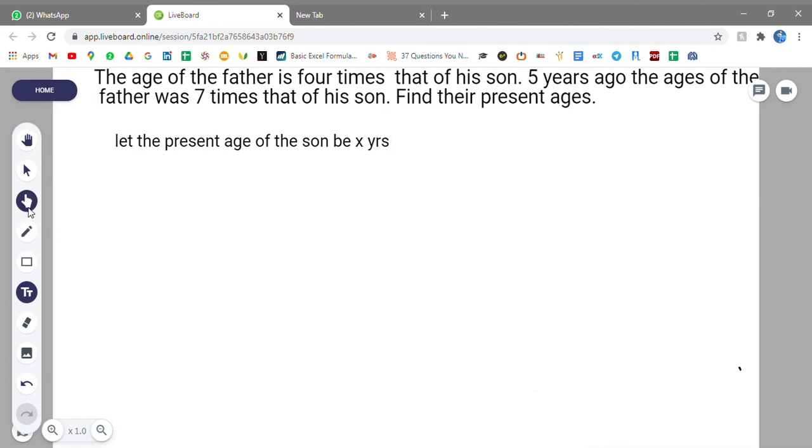So what does the first sentence say? The age of the father is 4 times. So son's age is x years. It means the father's age is going to be 4 into x, that is 4x years.